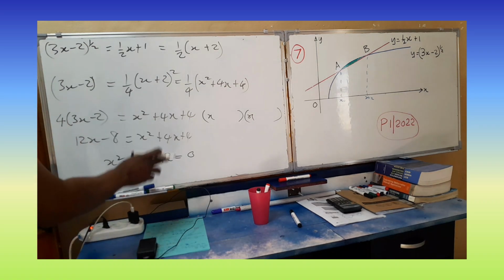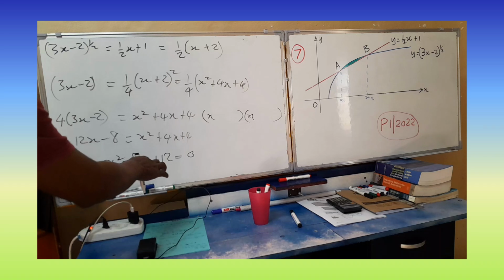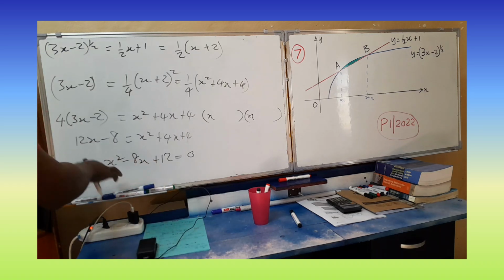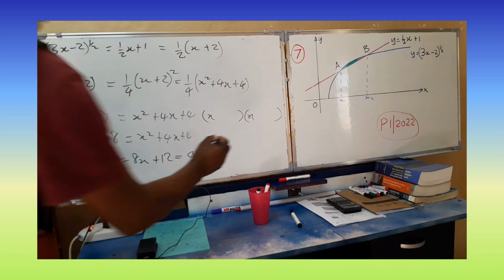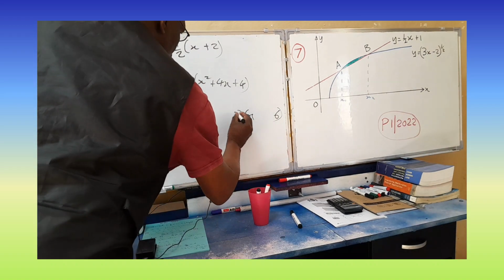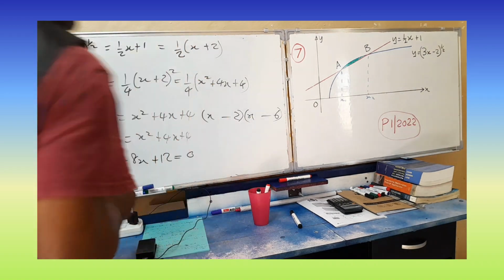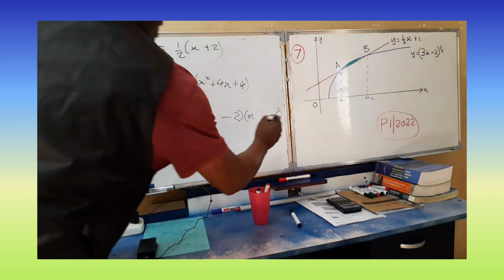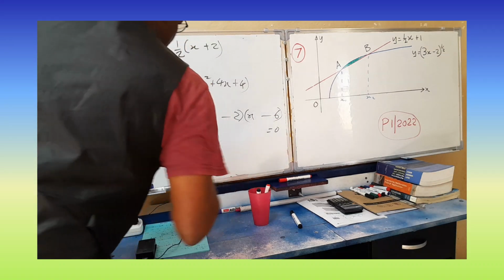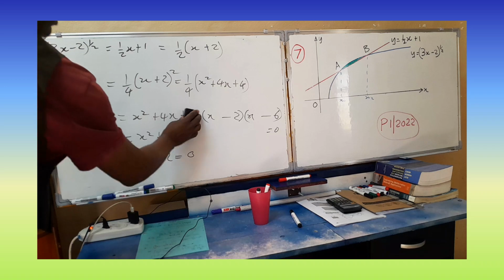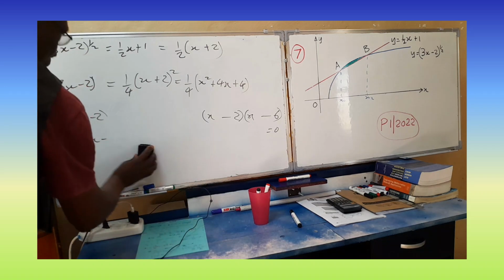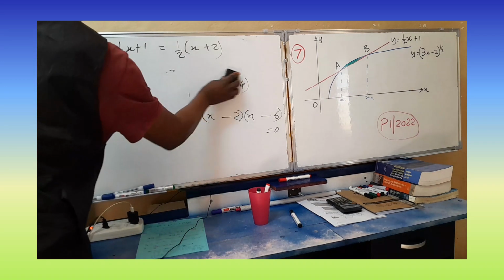Minus 2 times minus 6 gives us a plus 12, and minus 2 and minus 6 gives us a minus 8. So we need a 6 here and a 2 there, and both of them are minuses. Of course this will be equal to 0. Immediately we can conclude that x is either 2 or 6.